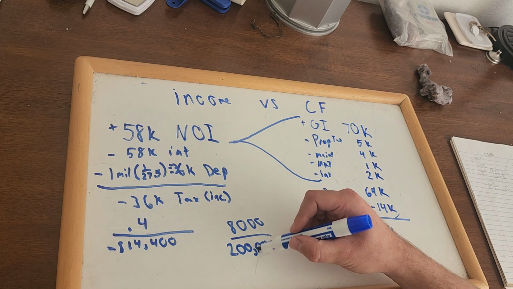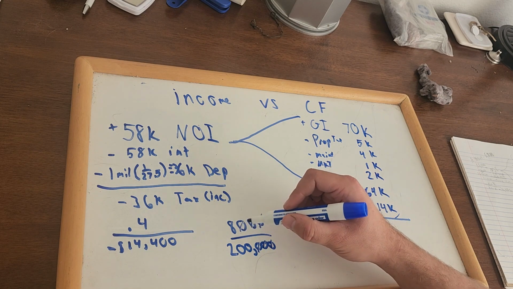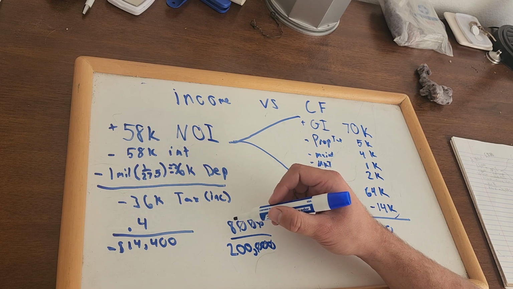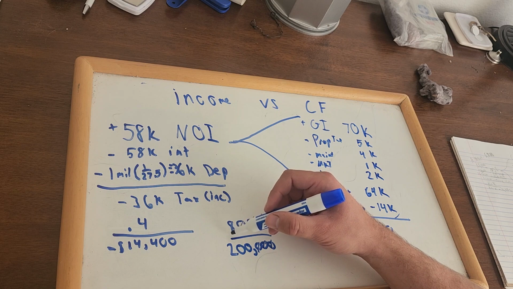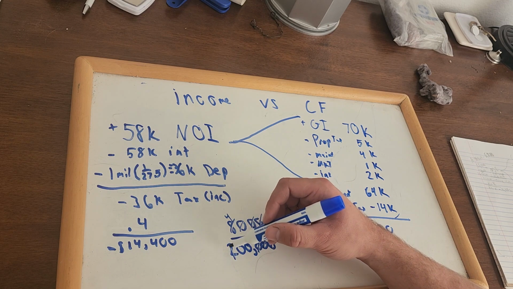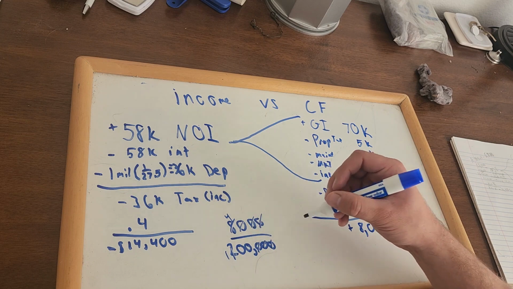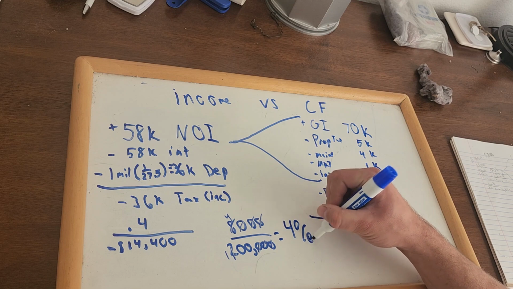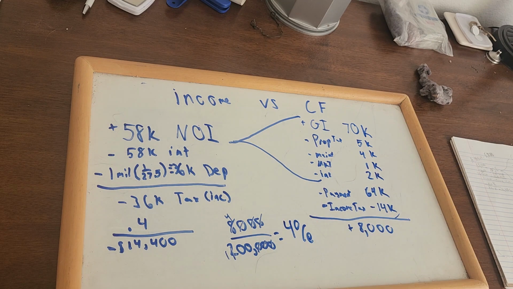Well, we can cancel out those zeros, right? 8 and 200 have some common factors here, right? So we can take out a 2 and that's now a 4. Take out a 2, that's now a 1. 4 divided by 100 is 4%. And this is our cash on cash return benefit from owning this property.